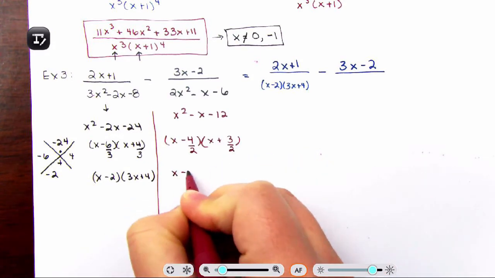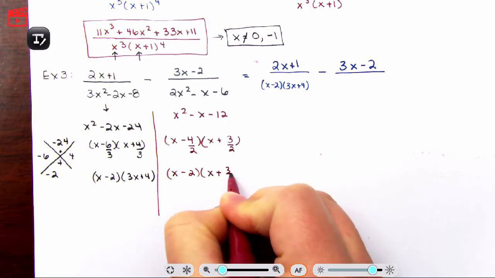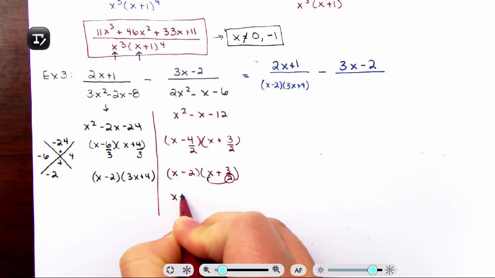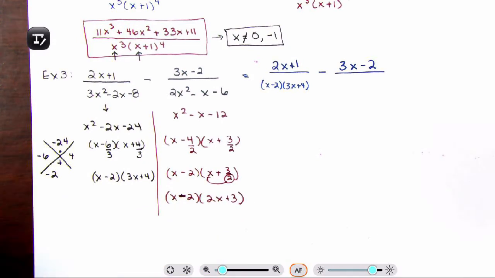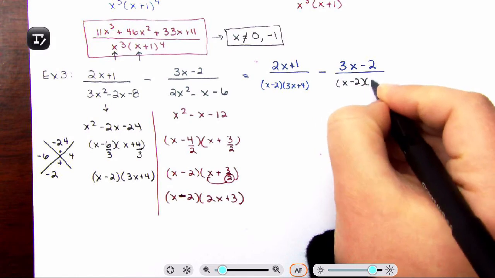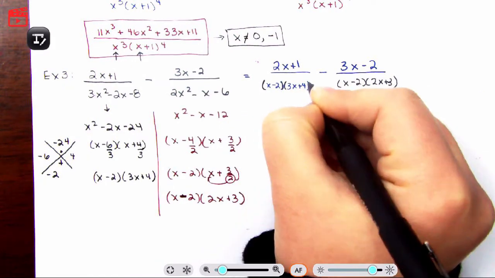So I have x minus 2 times x plus 3/2, which means that my new coefficient is 2. Ooh, that should be a negative. Taking those two things, I'm writing it in my denominator as a factored denominator. So these are my two factored denominators.